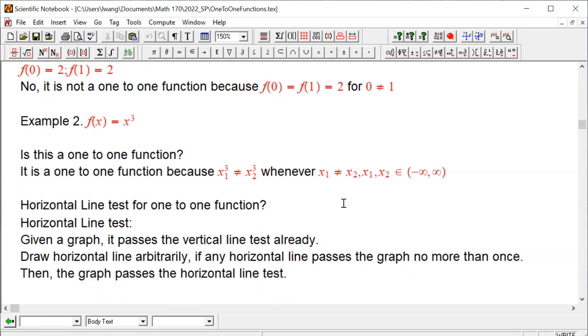If it passes the horizontal line test, then it is a one-to-one function. A one-to-one function.